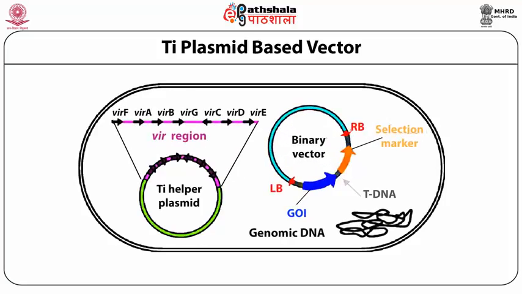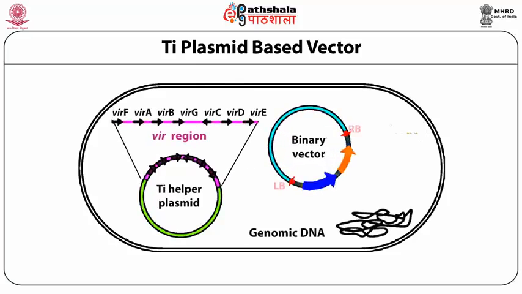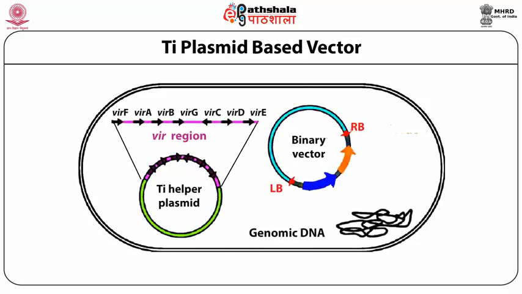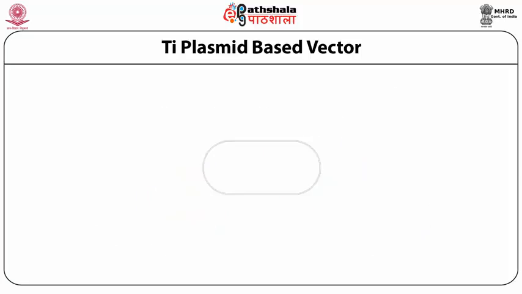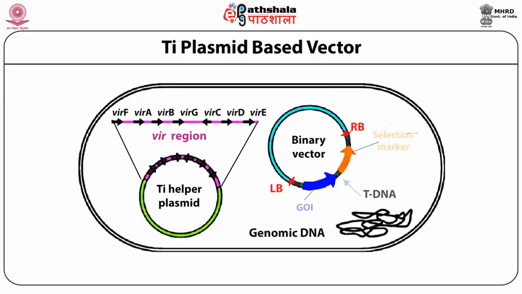So when these two plasmids are present inside the Agrobacterium, Vir gene products coded by the helper plasmid are the ones able to cut, like VirD2 is able to cut the tDNA. The single-stranded DNA, with the help of other genes, is transported to the plant cell, where it gets incorporated. That's how a gene of interest can be transferred from the bacterial cell to the plant cell.